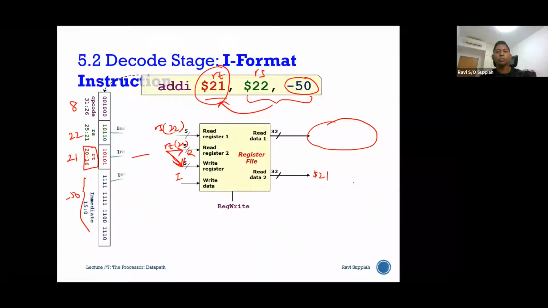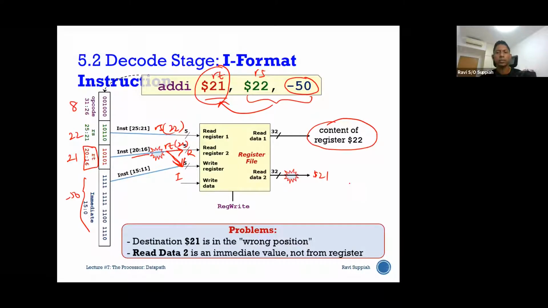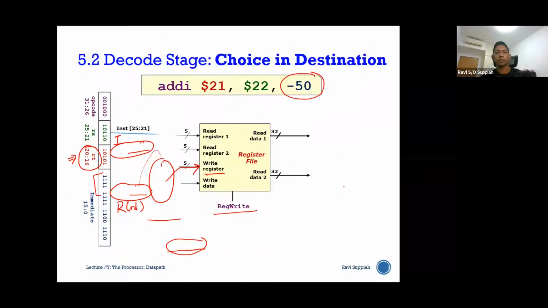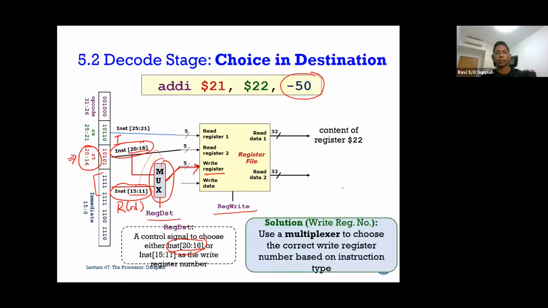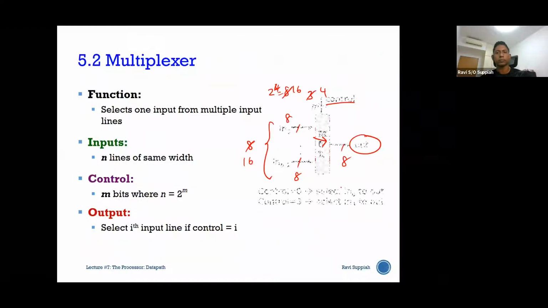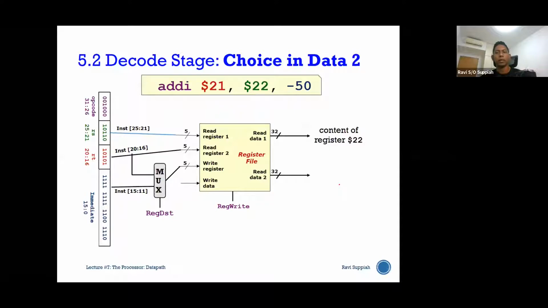But now when it comes to I type instruction, what is happening? We are now doing an add with immediate. So one of the data is the data in register 22, which is this. This one we've got ready. But the second data is not from a register.